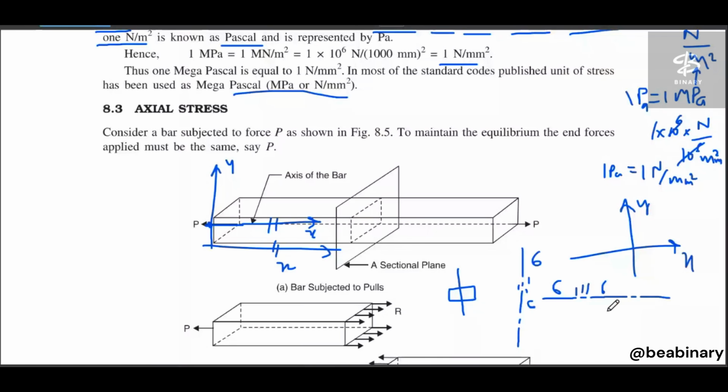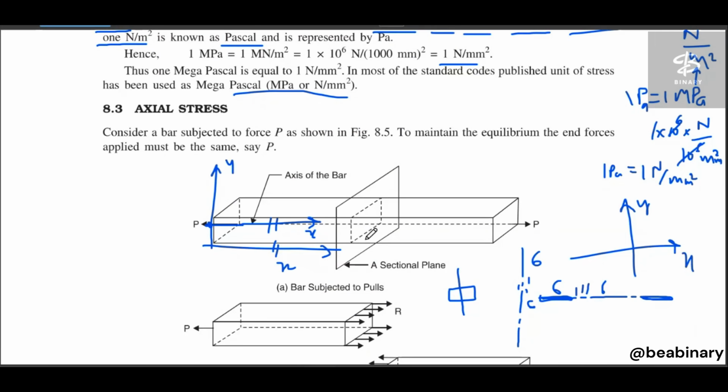This is a chain line. If we consider these ends dark, that is the section plane, the cutting plane. The chain line and the section line are the same line, but when the ends are dark, it is called the section plane. So this is the cutting plane, the section plane.